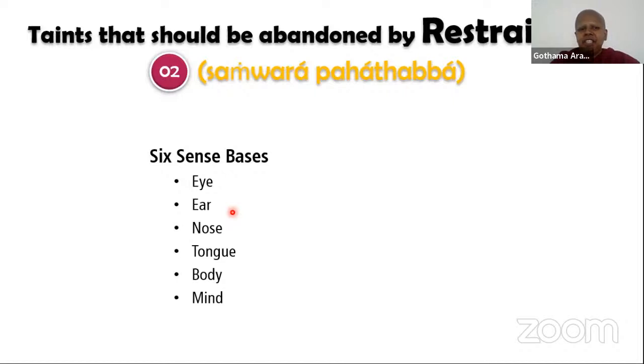Restraining. You have only 6 senses. So you will have to restrain only these 6 senses. Actually, we have only 6. So we create all these mental fabrications using these 6 senses.